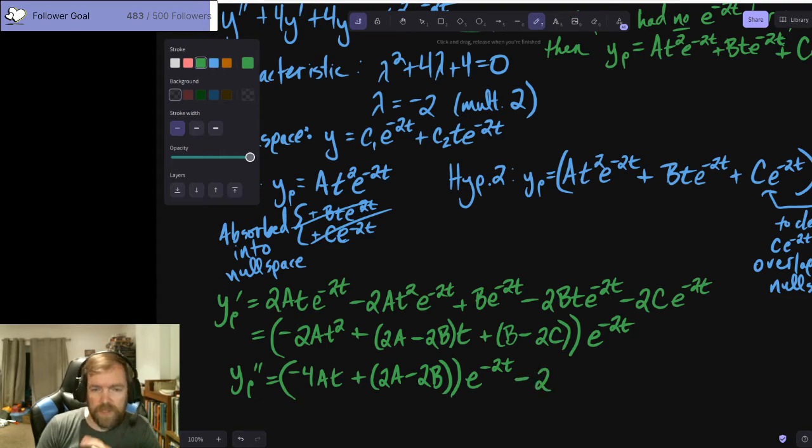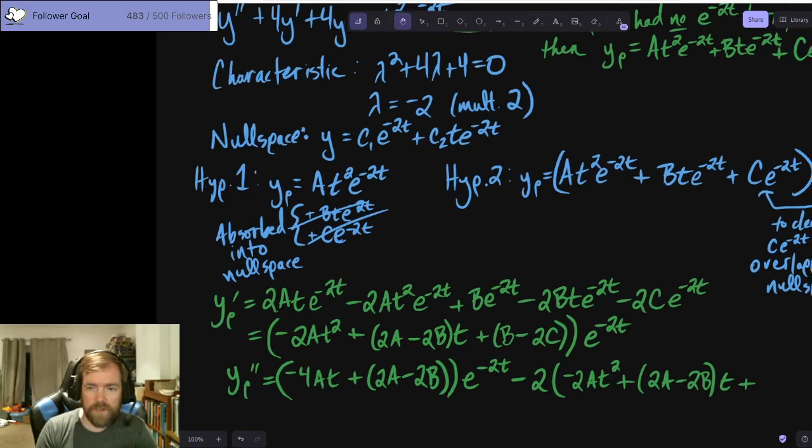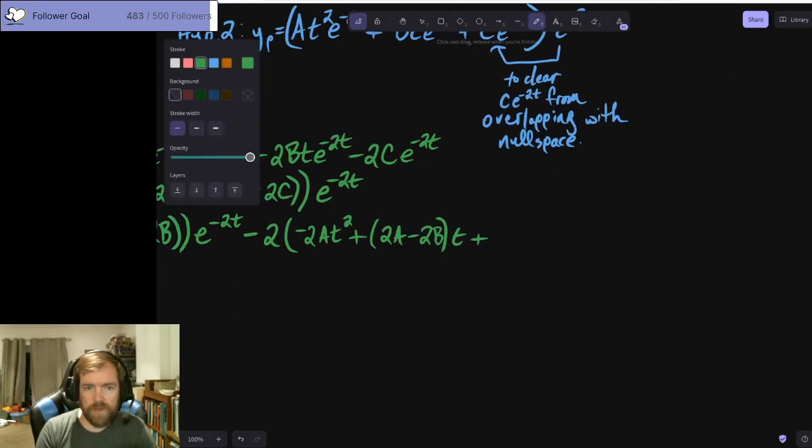Minus 2 of the polynomial we had earlier: negative 2at squared plus parentheses 2a minus 2b t plus b minus 2c, e to the negative 2t.